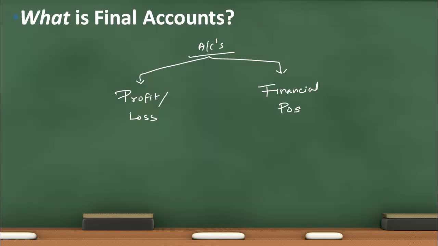And how will the company get to know about this profit or loss and the financial position? Only when it prepares two statements. The statement 1 is called profit and loss account, and the statement 2 is called balance sheet.